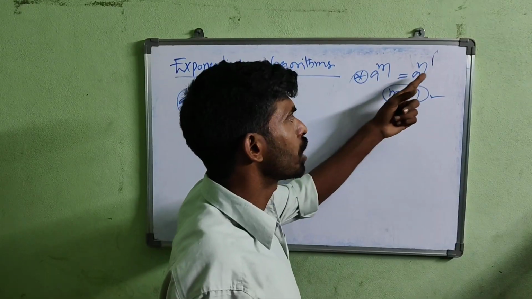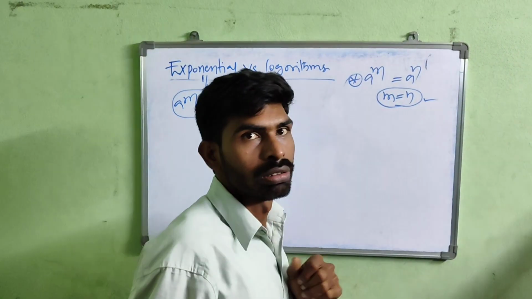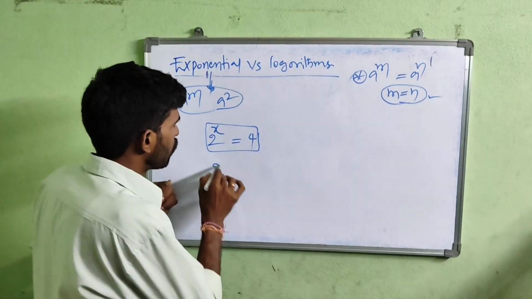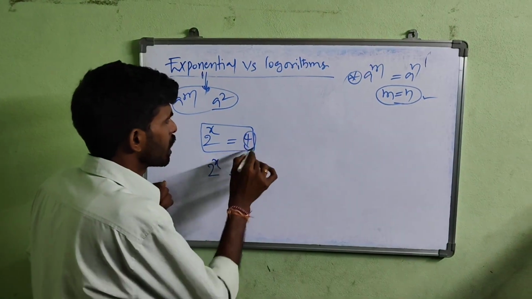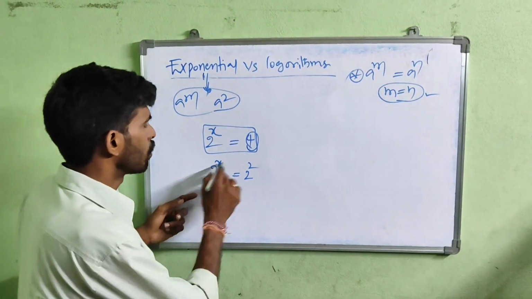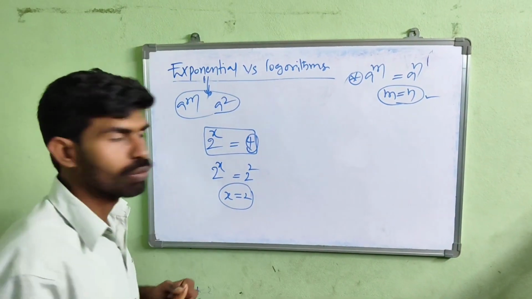Okay, this is also we need to take into consideration. A power m is equal to a power n, that means if the bases are equal, powers will also be equal. Same condition here. 2 power x equal to, we can write 4 as 2 square simply. If the bases are equal, powers are equal, right? x equal to 2. We can find easily x equal to 2.